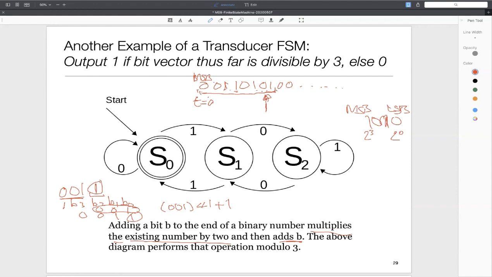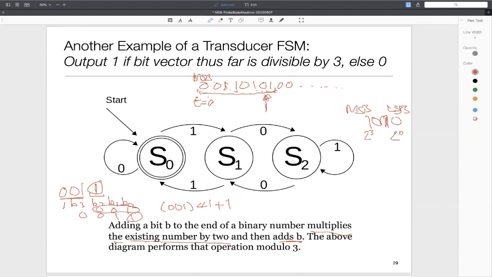Okay. Now, the existing number that we had would have been in one of three categories. If I were to divide it by 3, it would either have a remainder of 0, or a remainder of 1, or a remainder of 2. And when I get the new bit, the new number I have will again be in one of these three categories.